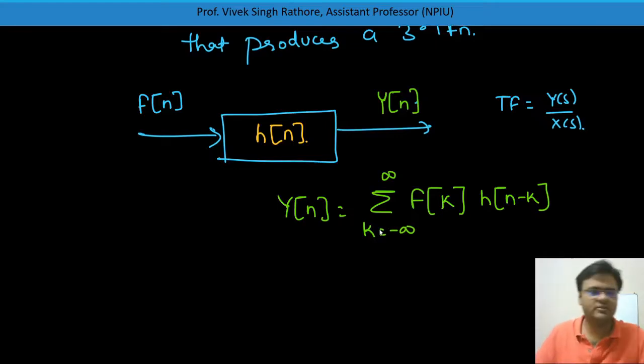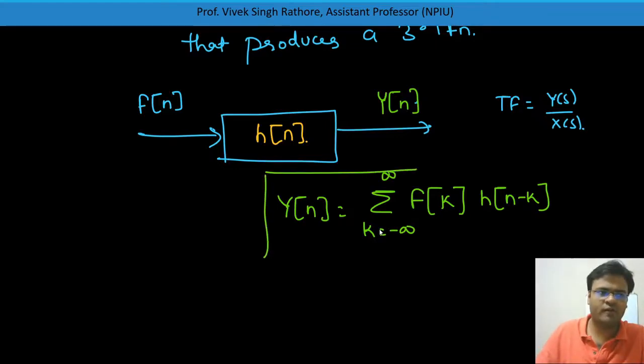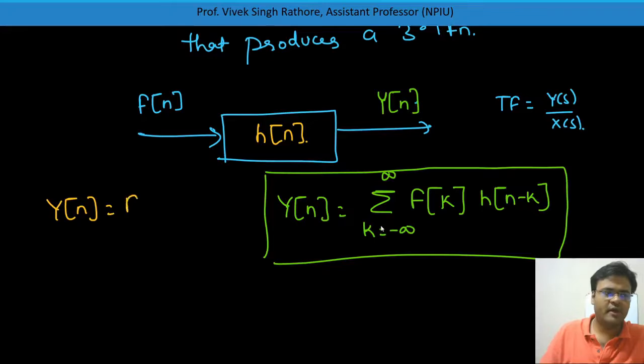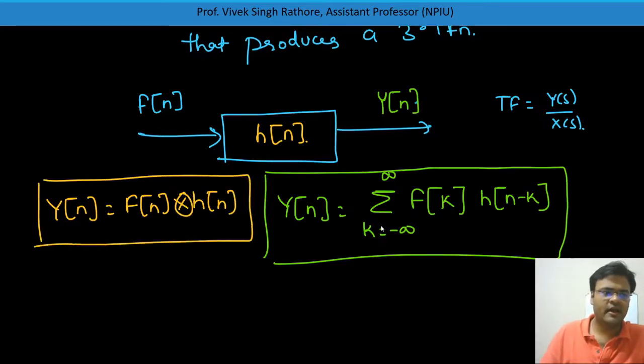So this is the actual response of a discrete time LTI system which we were talking about, and this is also represented as y of n is equal to f of n convolution with h of n, right? This is represented like this, and both are equal only.